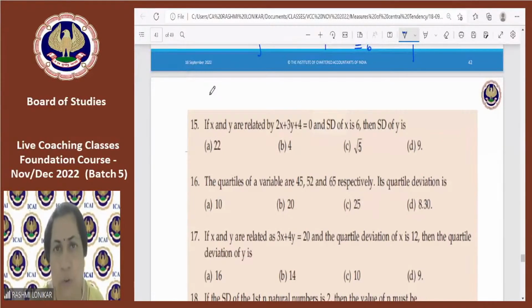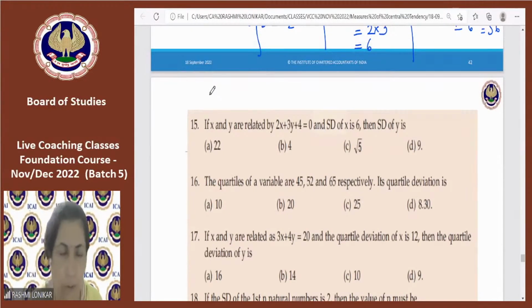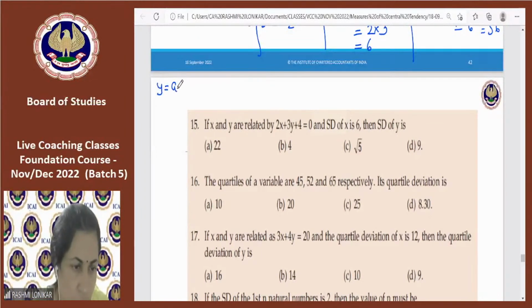Whether or not you can do the sum mathematically, whether you can make a table or not, is checked in your class 12th exam. Here in the CA exam, they will test whether you recognize which property to use and how to do it. So if any equation is in the form y is equal to a plus bx, then standard deviation of y will be equal to absolute value of b into standard deviation of x.